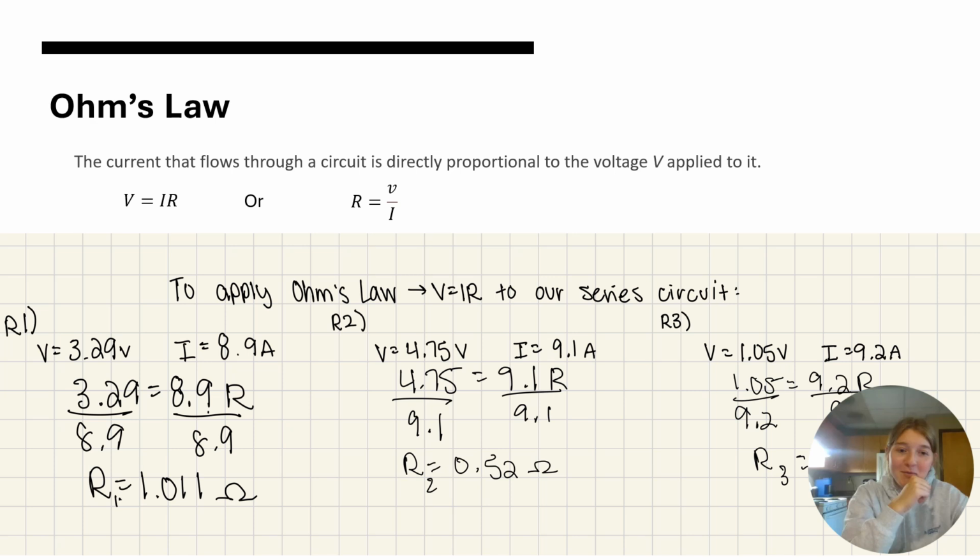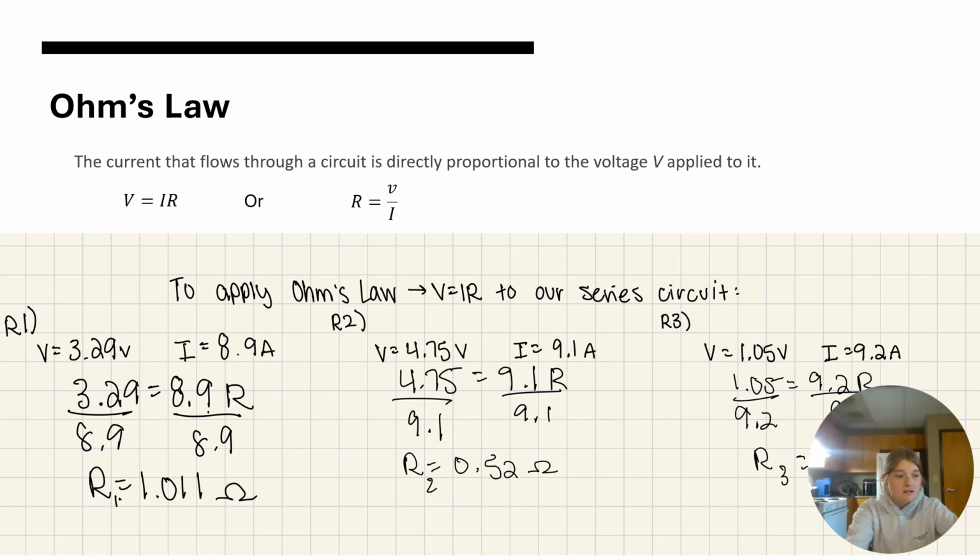Lastly, we're going to talk about Ohm's law. Ohm's law revolves strictly around resistors. So if you recall, earlier we measured voltage and current. Ohm's law is mathematically expressed using V equals IR, which is the current that flows through a circuit or circuit element, which is directly proportional to the voltage V applied to it.